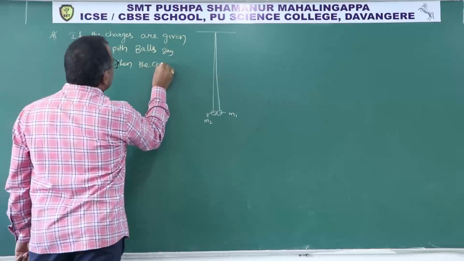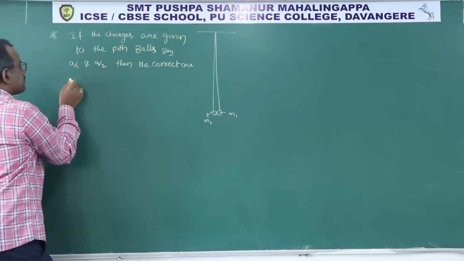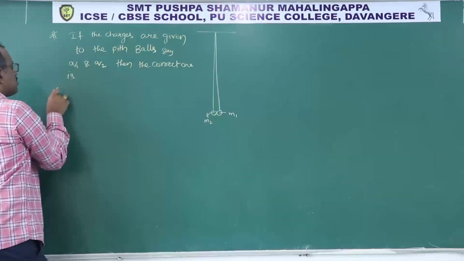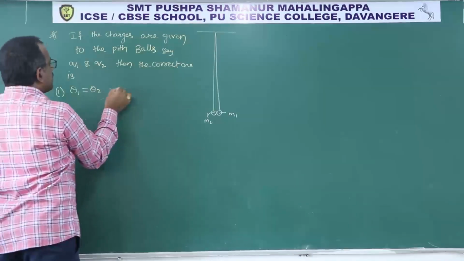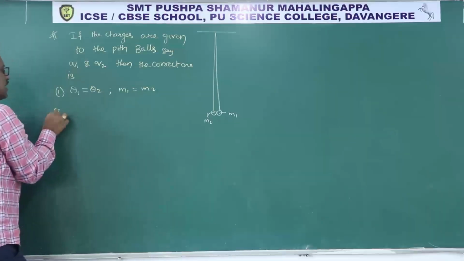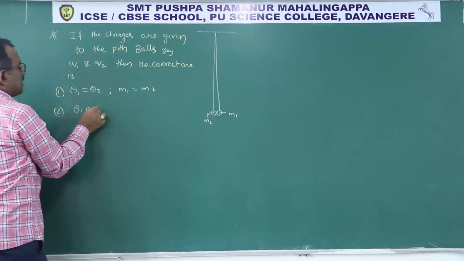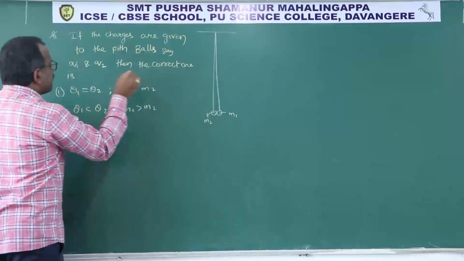The correct one is, first option: if theta 1 is equal to theta 2, that implies m1 is equal to m2. Second one: if theta 1 is less than theta 2, then m1 is greater than m2.